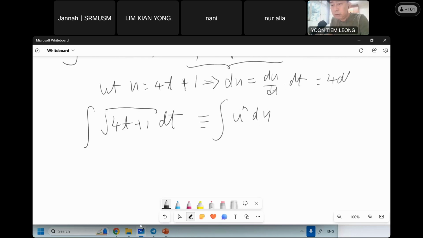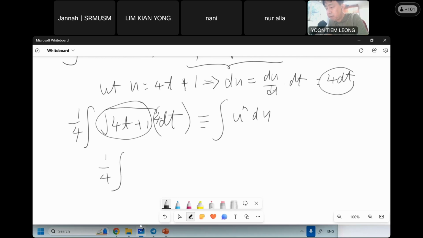You get 4 times dt. So here you have 4 dt. Therefore, I want to make this become 4 dt. I multiply this by a factor of 4 and divide by a factor of 4. And then this can be cast into the form of u, right?